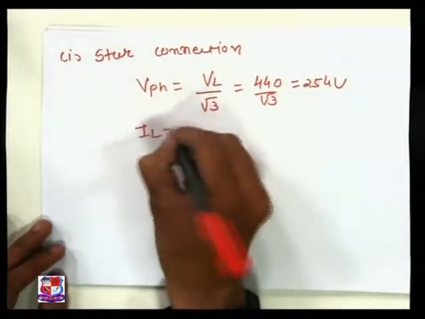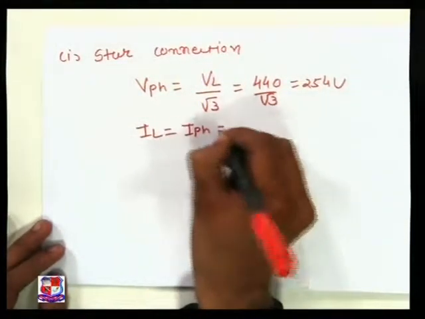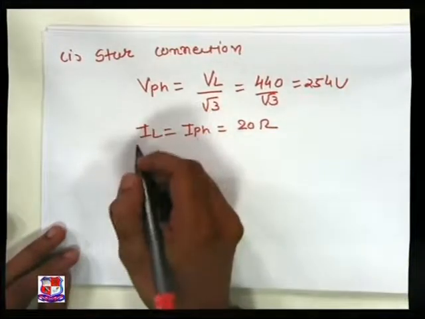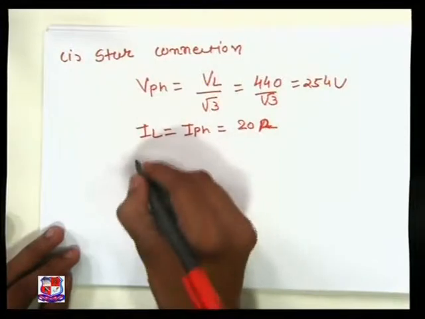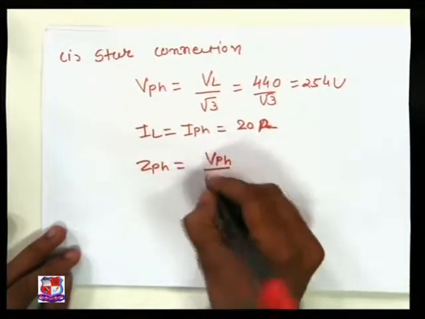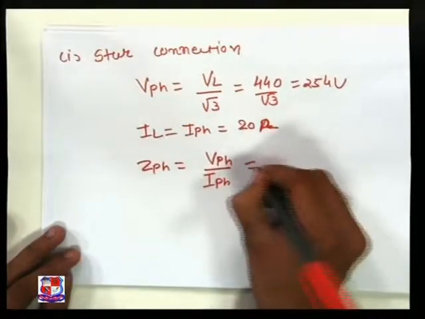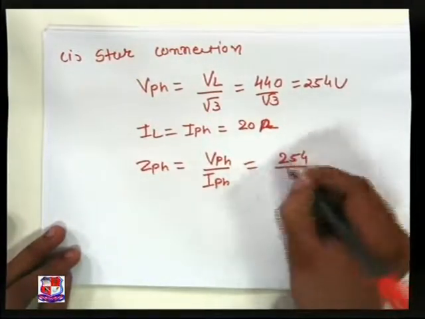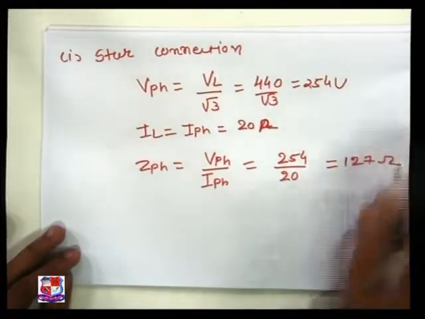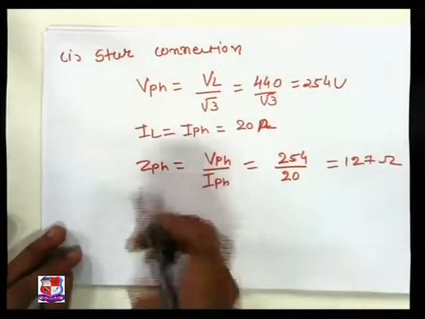Then IL is equal to I phase in a star connection, given as 20 ampere. Then ZPH is equal to VPH upon IPH, which is 254 upon 20, so we get 12.7 ohm.